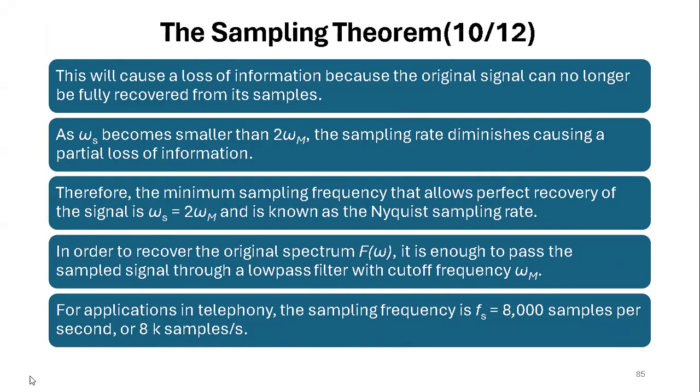As omega_s becomes smaller than 2 omega_m, the sampling frequency diminishes, thus causing a partial loss of information.